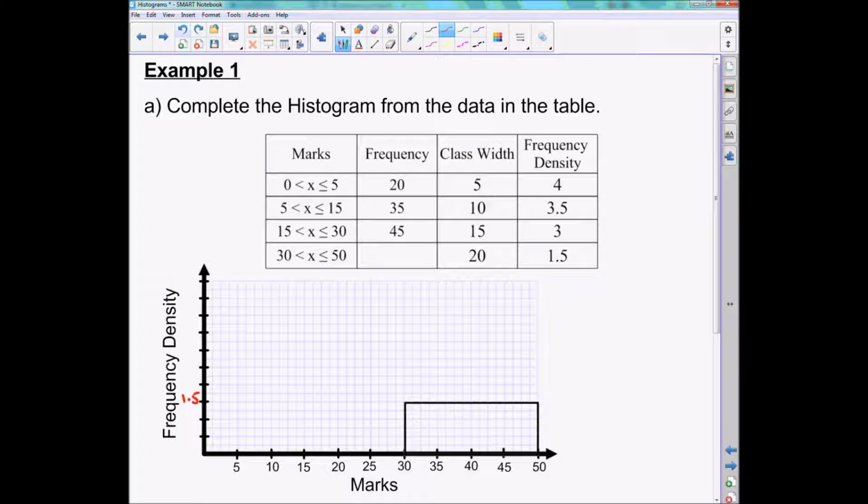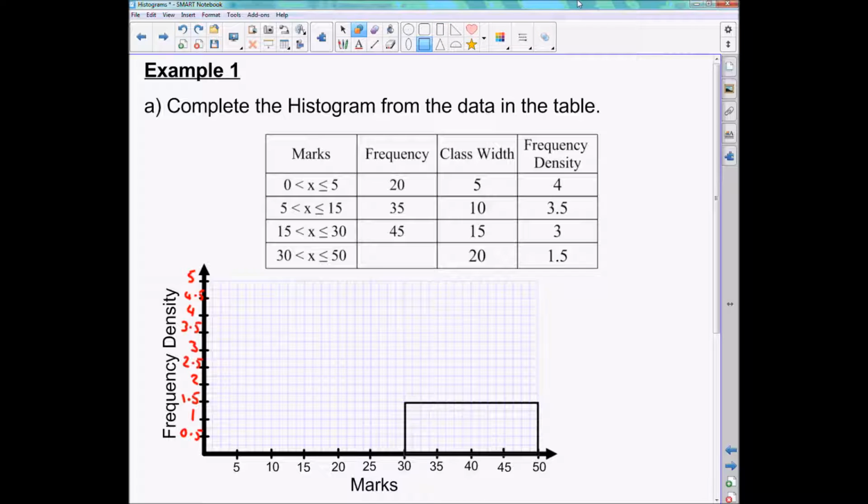Now I've got to think a little bit about what I need to do as a scale in order to get up to the third rung of 1.5. Hopefully you can see that I'm going up in 0.5s. So I'm going to put my scale on, going up in 0.5. So I've got 0.5, 1, 1.5, 2, 2.5, 3, 3.5, 4, 4.5, and finally 5 at the top here.